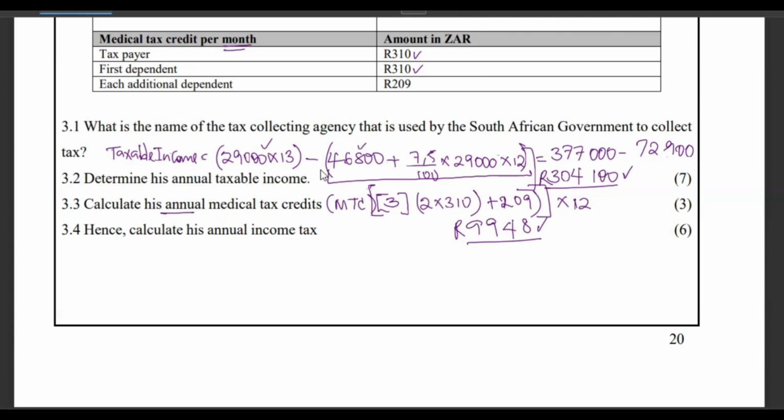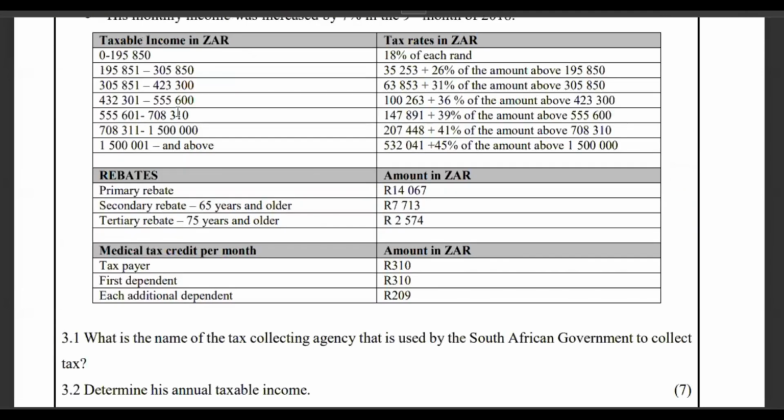Then we come here. Calculate his annual income tax. Otherwise, they would say tax payable. So how are we going to calculate now? This is when we are going to use the taxable income. We shall take it to the table here, and we determine where the person belongs.